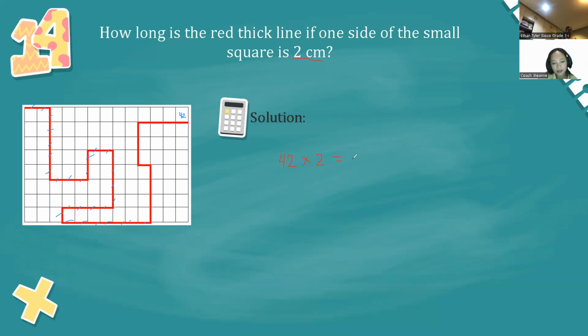We have 84. The answer is 84. Did everyone get this right? Yes. Okay, very good. Let's continue to the next number.